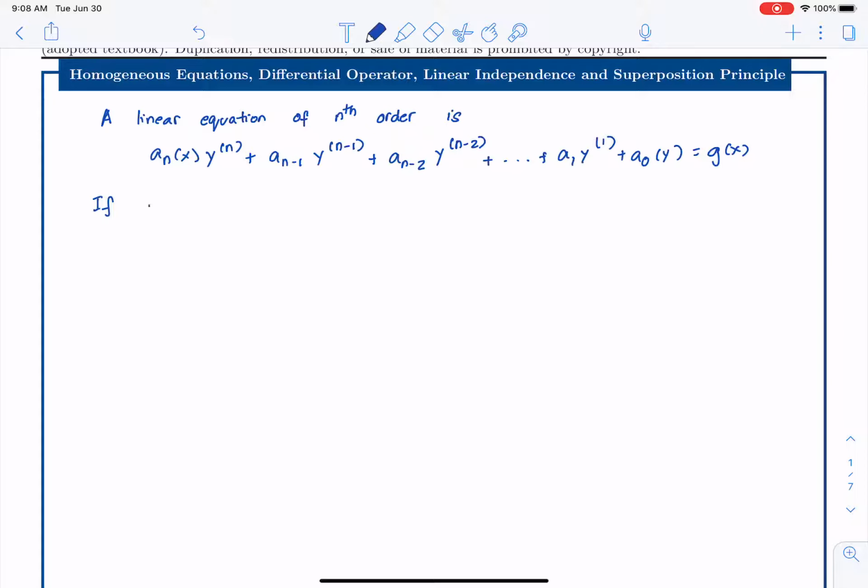If g of x is 0, then the nth order linear DE is called a homogeneous equation.